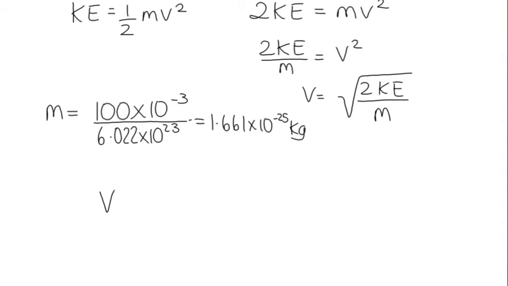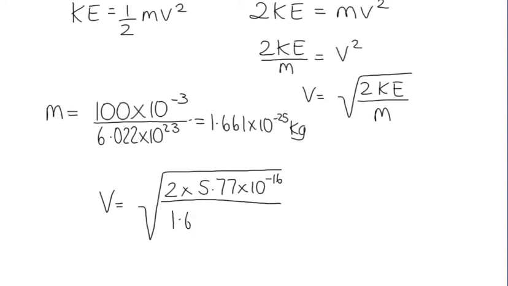I'm going to put my numbers into my expression now. So 2 times the kinetic energy from the question, which was 5.77 times 10 to the minus 16, divided by my mass, 1.661 times 10 to the minus 25, all square rooted. You can do that on your calculator. You would press the square root button.